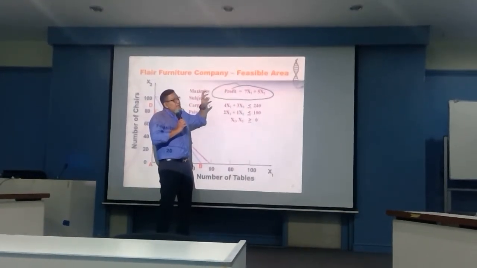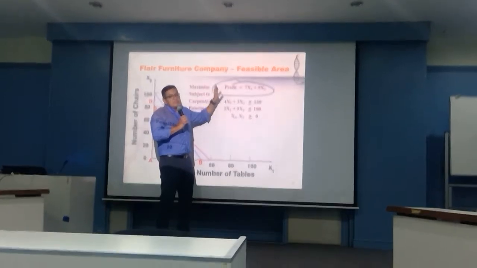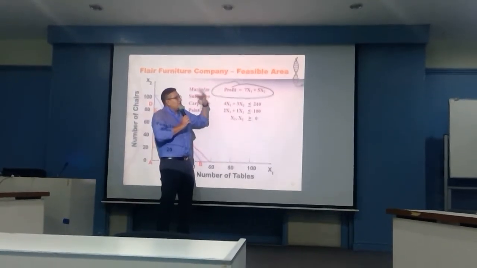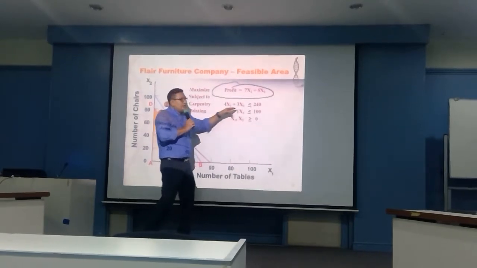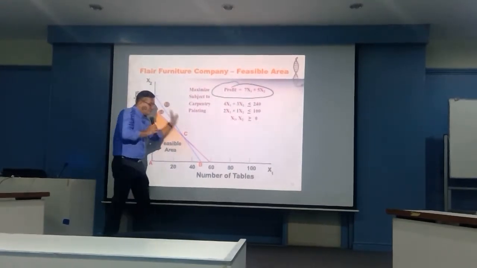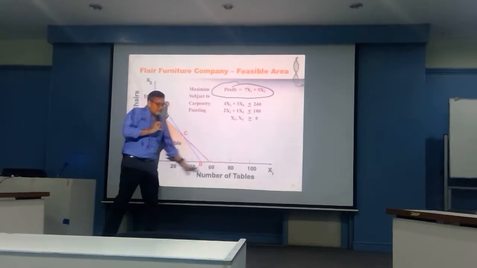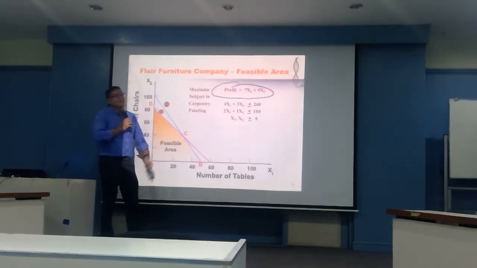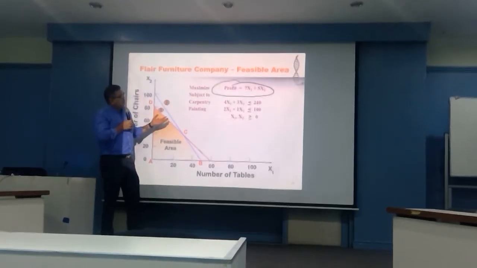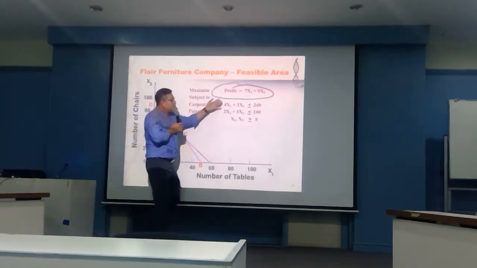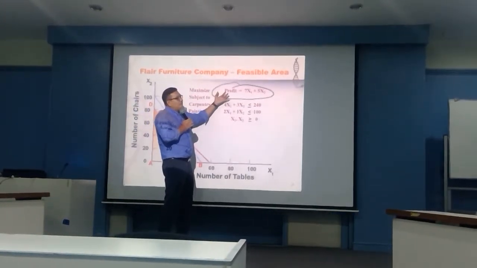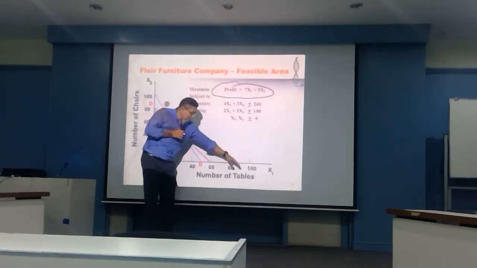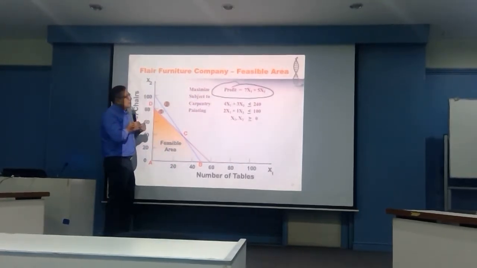You can assume any value that you want, but please make sure that once you assume the value of the objective function, when you draw this line, it is still in the same scale contained in this axis. So for example, I can substitute any value for the profit, but I need to draw this line within this axis.